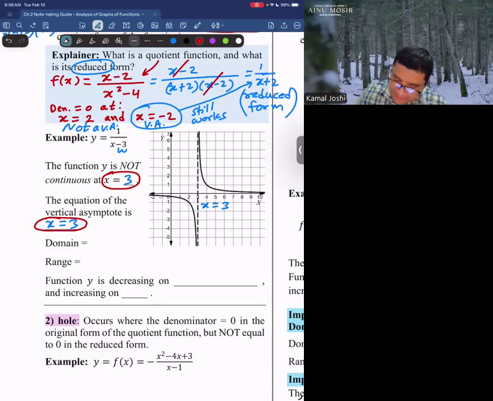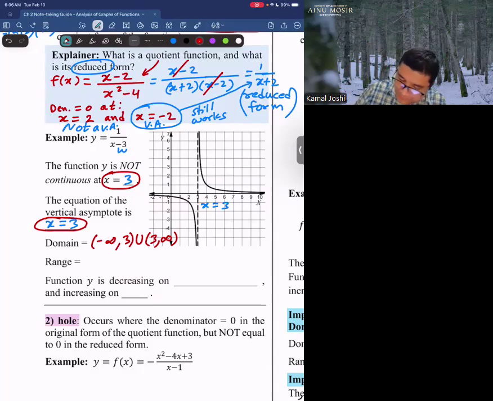If you see, it is defined everywhere from minus infinity to 3, because there is a discontinuity here, a vertical asymptote, it's not defined there, union, because from 3 to the right it is again defined, 3 to infinity.